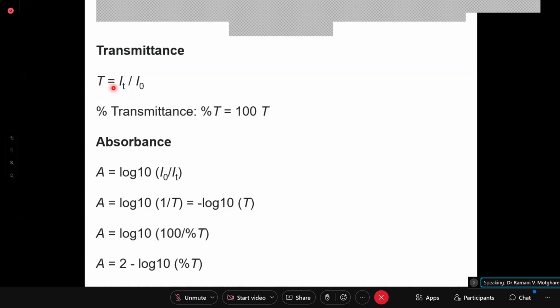So T, the transmittance, is equal to IT by I0. Percentage transmittance is equal to 100T. Then absorbance A is equal to log to the base 10 I0 by IT.